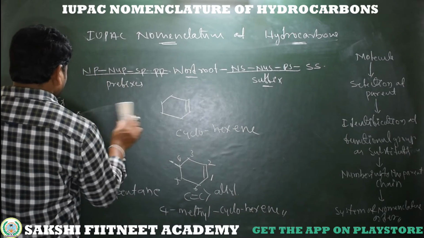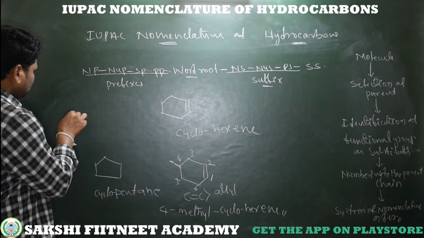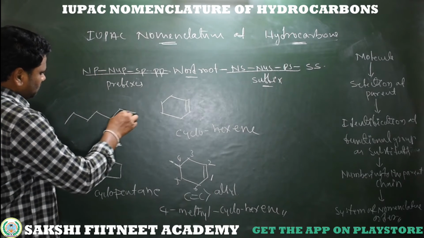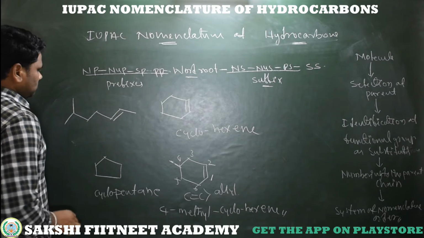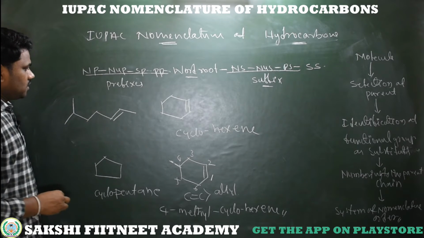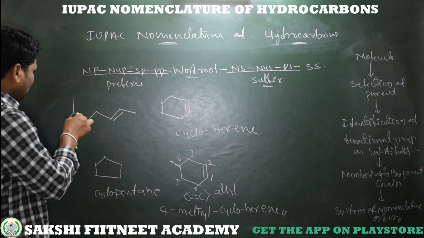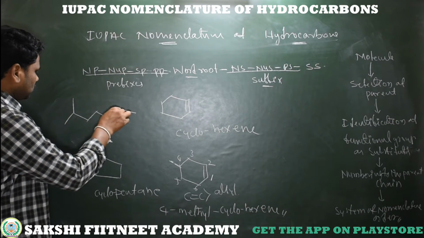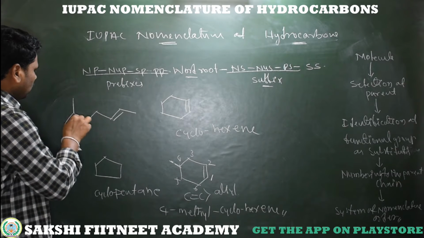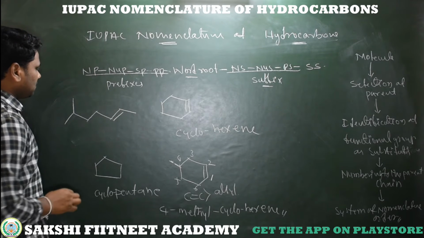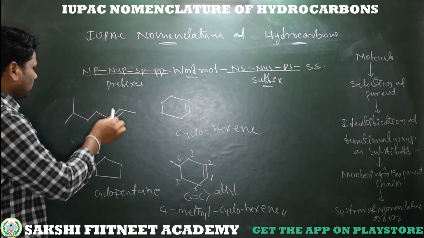Now I am taking other examples. Now what is the IUPAC name of this compound? See here, 1, 2, 3, 4, 5, 6, 7. So 1, 2, 3, 4, 5, 6, 7. Both the chains have the same number of carbons, so you can select any one of these two.